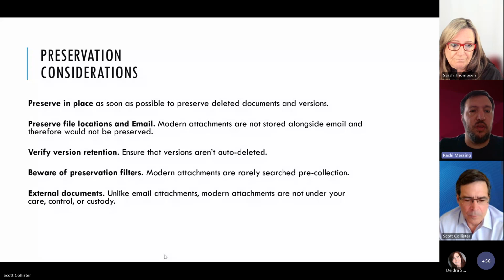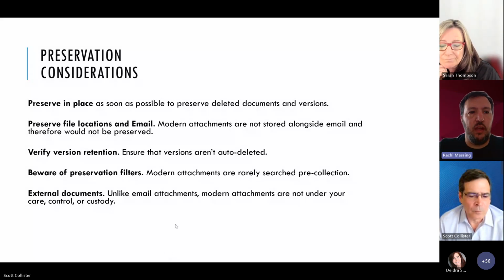But even within your organization, you need to make sure you are preserving the locations that the user has access to and utilizes, where they may be sending these types of attachments from. In a Microsoft world, that would be their OneDrive and SharePoint sites that they have access to. It's the different locations that are there by default. And most people do think about those types of things.